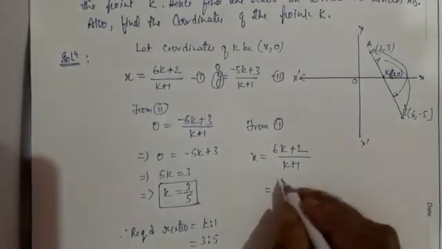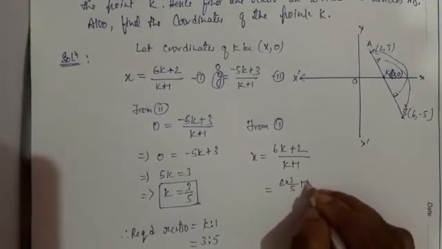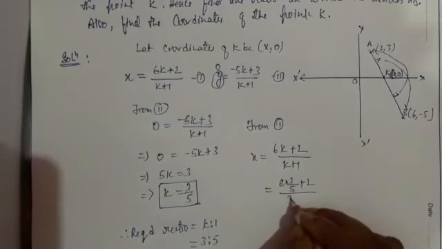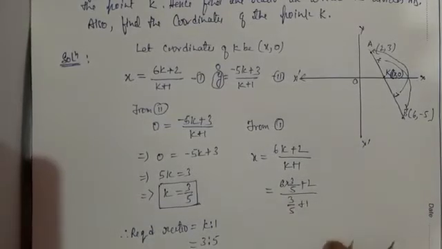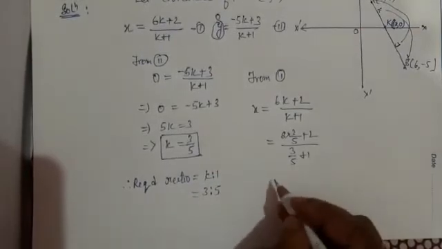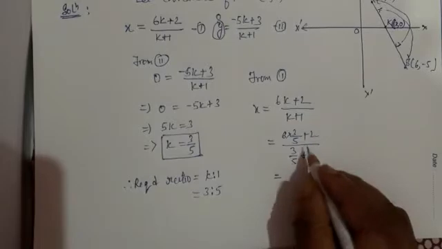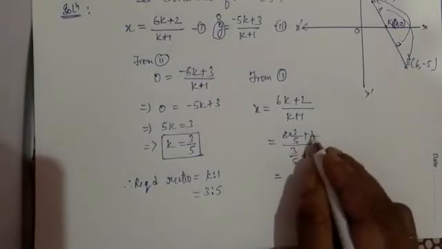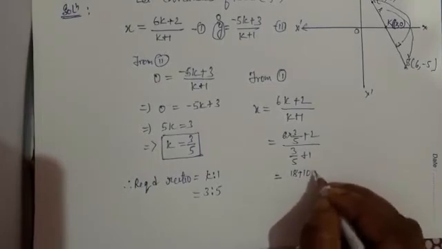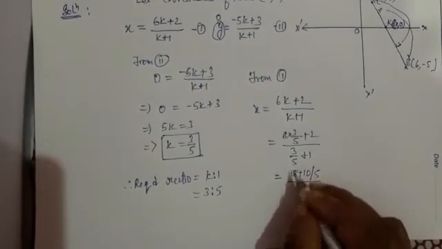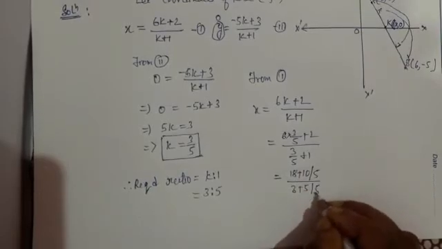Putting the value of k, we have (6 into 3 by 5 plus 2) by (3 by 5 plus 1) is equal to: 6 3's are 18 and 5 2's are 10. So (18 plus 10) the whole by 5, divided by (5 plus 3) by 5, that is 8 by 5.